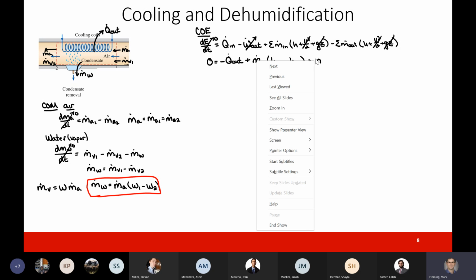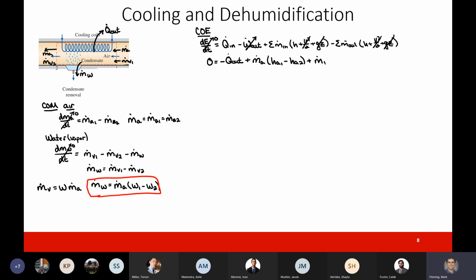So we have the mass flow rate of the water vapor entering the system times the enthalpy of the water vapor, minus the mass rate of the water vapor leaving the system times the enthalpy of the water vapor leaving the system. And then we have to take into account the mass flow rate of our liquid water. So minus m dot of the water times h. We'll just go ahead and put h sub w.